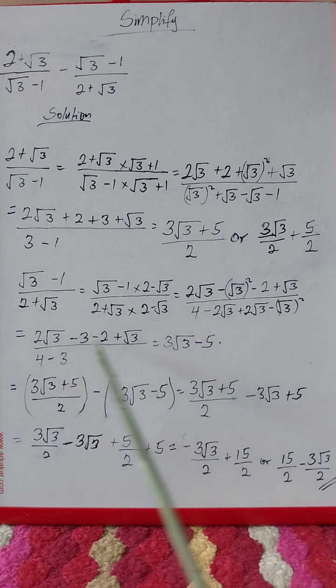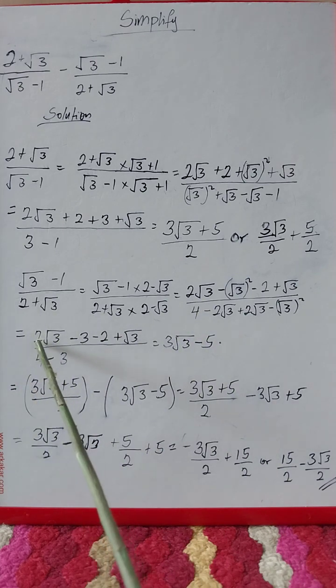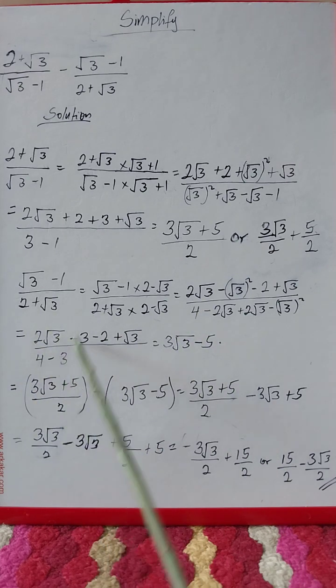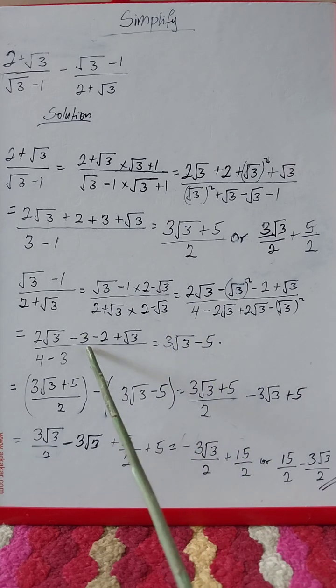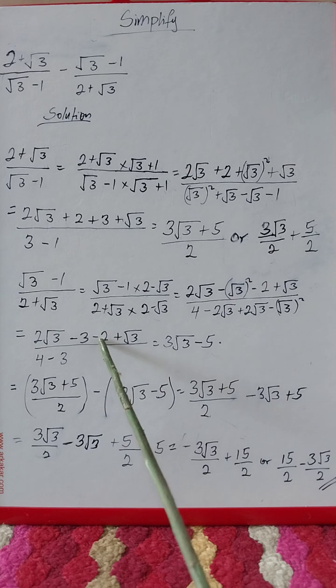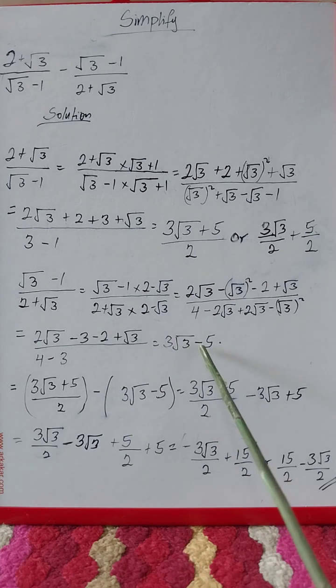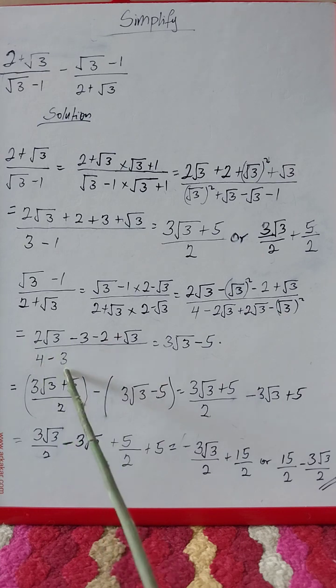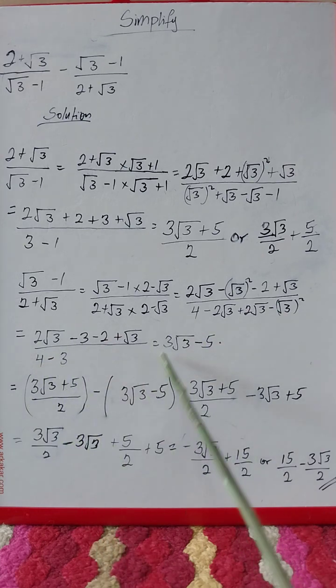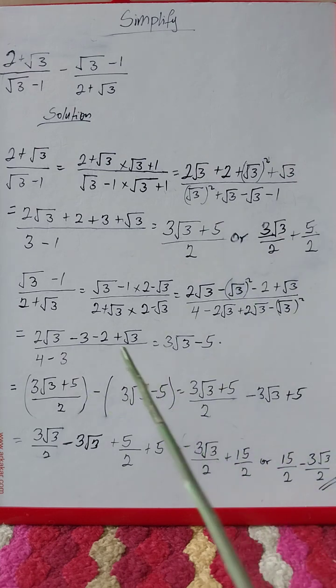We add the like terms: 2 root 3 plus root 3 gives you 3 root 3. 3 minus 2 gives you 1, so the numerator is 3 root 3 plus 1. 4 minus 3 gives you 1.